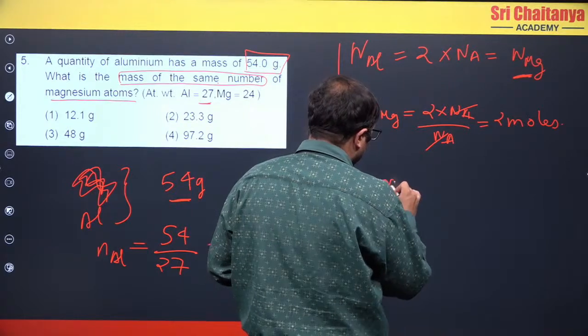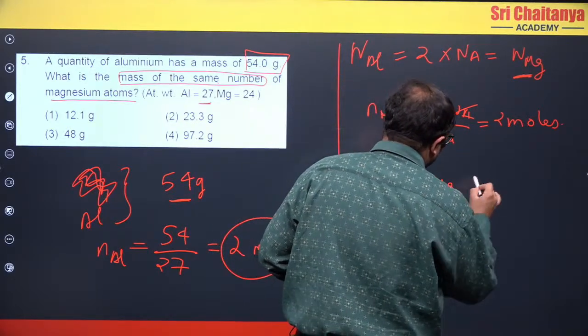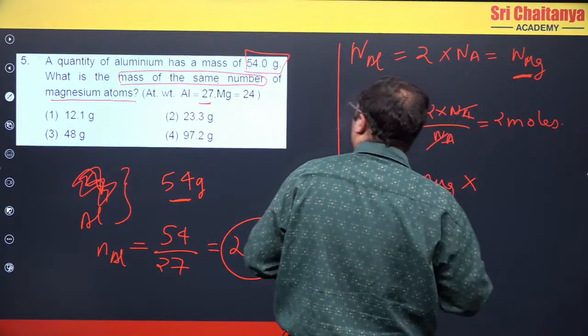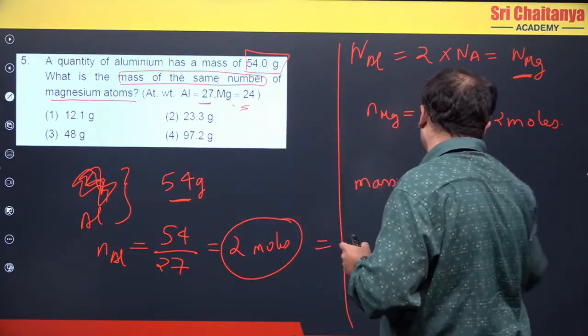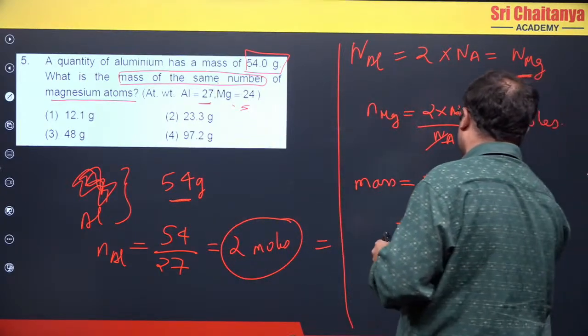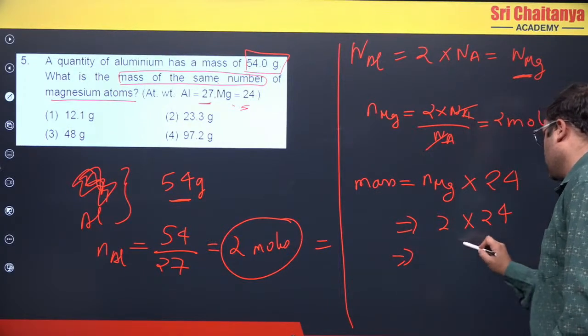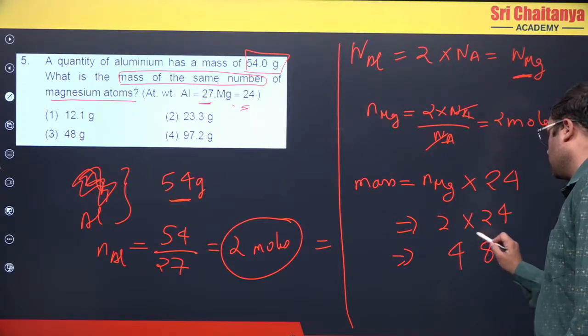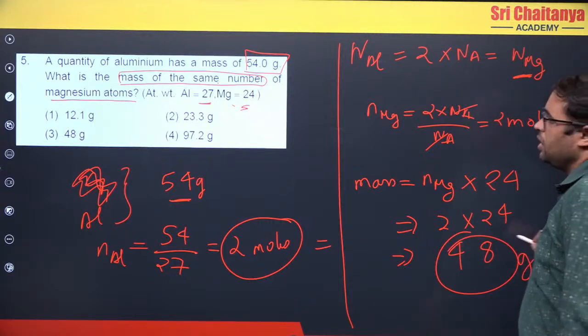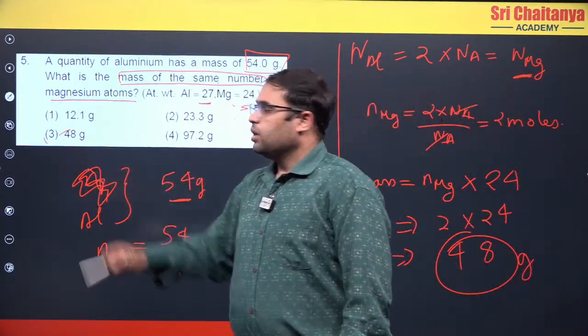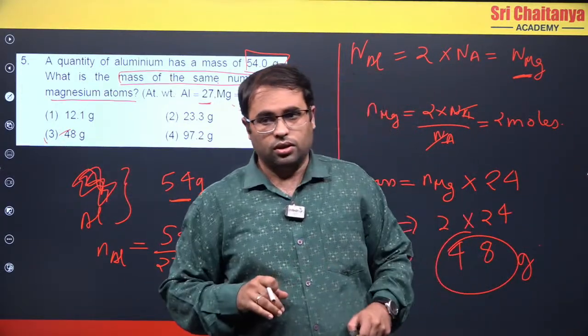So mass will be moles of magnesium into molar mass of magnesium, which is 24. This comes out to be 2 into 24, 48 grams. See if it is there in the options. Yeah, the third one is there. It is the correct answer.